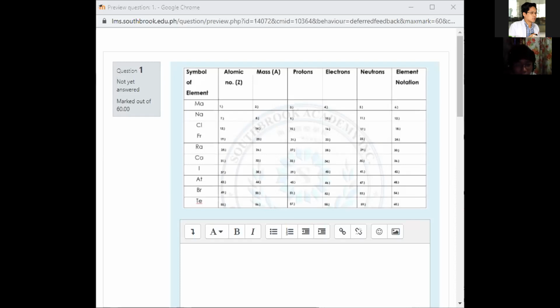How about neutrons? The mass number and the atomic number. Okay, mass number minus atomic number. How about electrons? Also the atomic number, sir. Okay, atomic number minus the charge. Again, atomic number minus the charge.